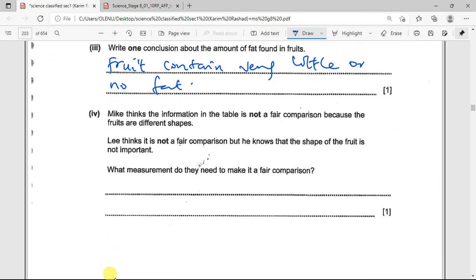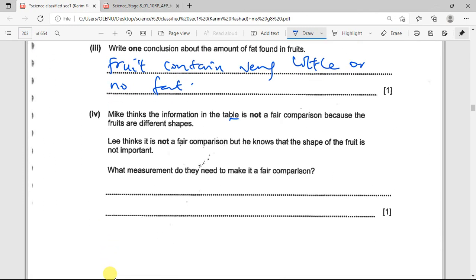Now, Mike thinks the information in the table is not a fair comparison because the fruits are of different shapes. Lee thinks it is not a fair comparison, but he knows that the shape of the fruit is not important. What measurement should they take?